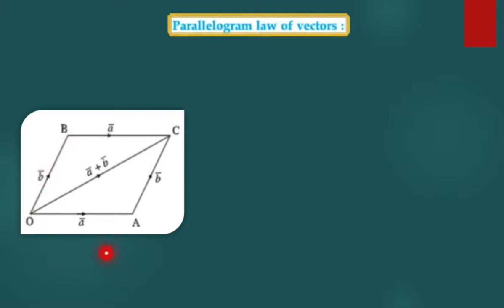OA and OB are the adjacent sides of the parallelogram and OC is a diagonal. So this diagonal vector OC bar equals the sum of the adjacent sides OA bar plus OB bar. That is, if we consider this OC as c bar, then this c bar equals the sum of the adjacent vectors a bar plus b bar.